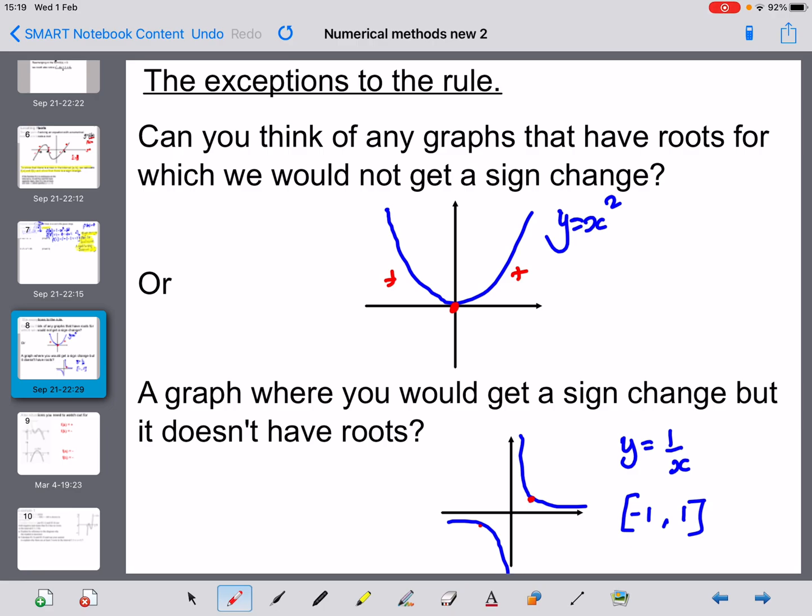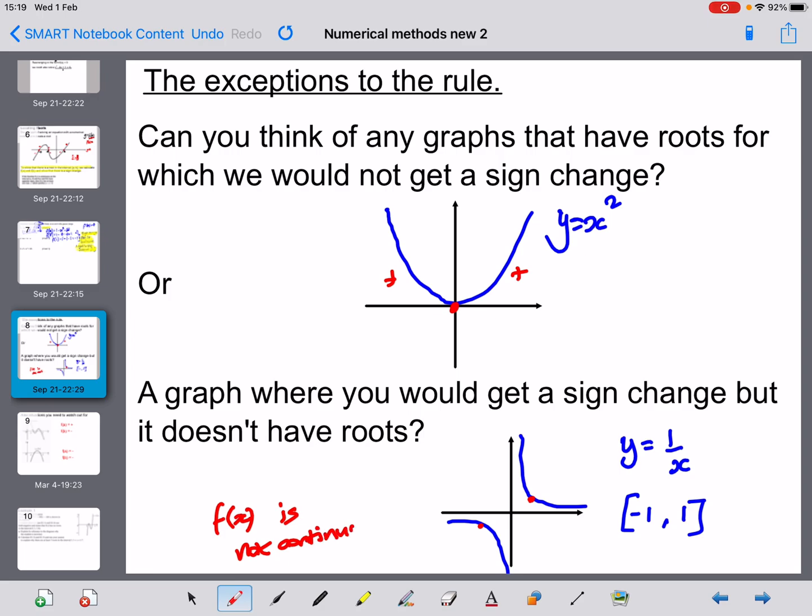Minus 1 is probably around about here. So where x is 1, y is positive. Where x is minus 1, y is negative. There's a sign change. Except there isn't, because here f of x is not continuous.